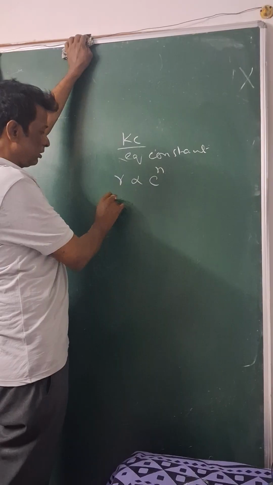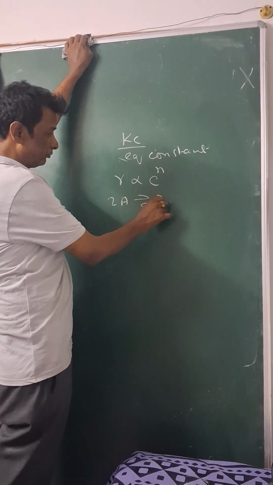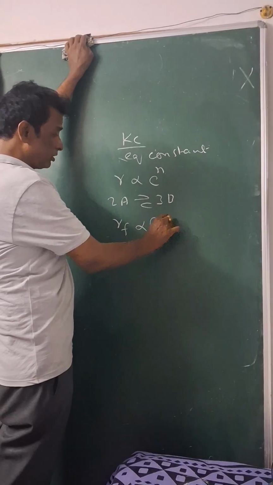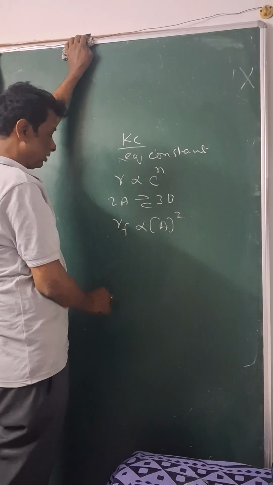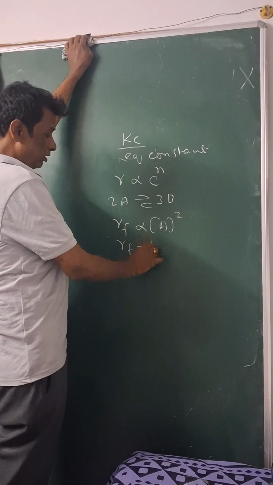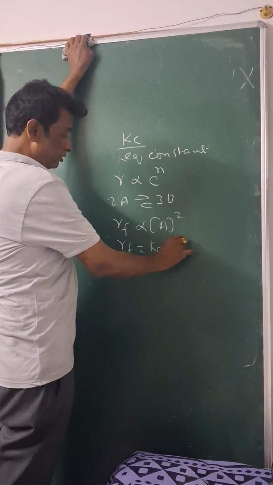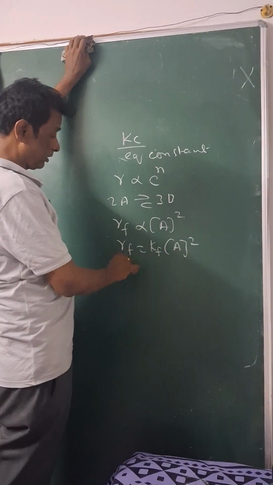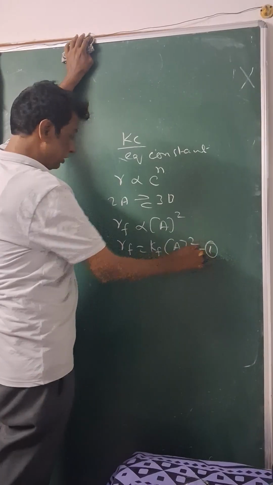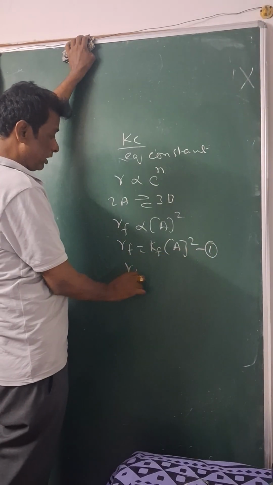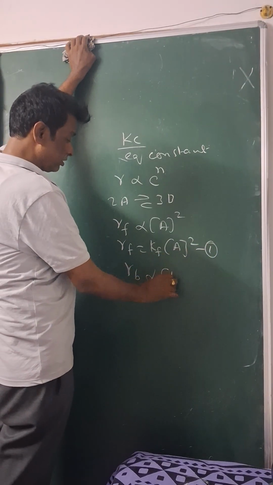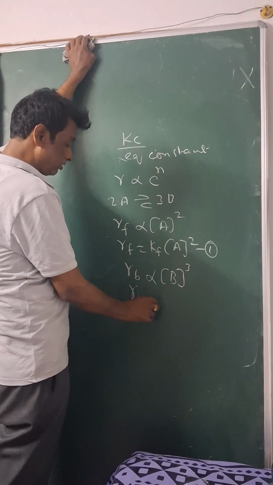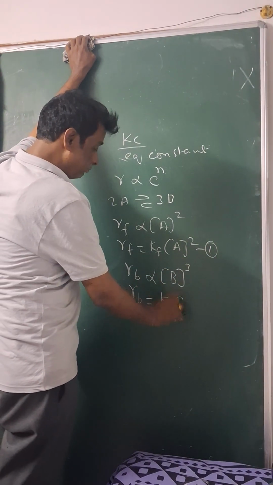Suppose I am taking A gives B. Rate of forward directly proportional to concentration of A. Rf is equal to Kf into A power 2. The square bracket represents molar concentration. Similarly, rate of backward reaction directly proportional to concentration of product. Moles are powers. Rb is equal to Kb into B power 3.